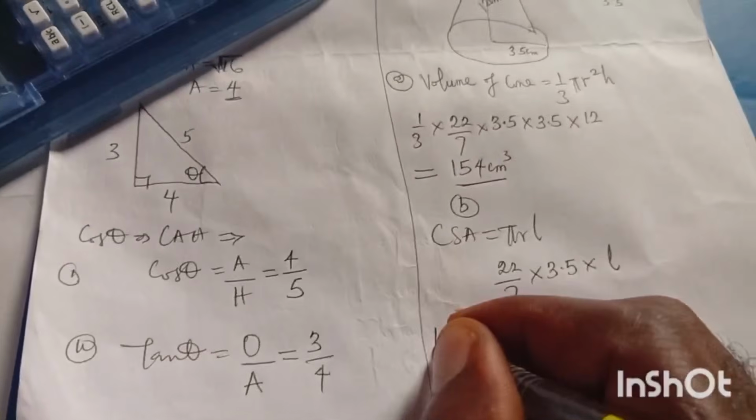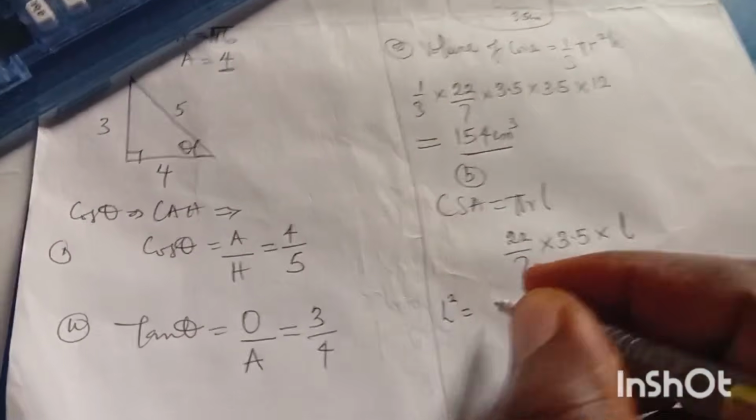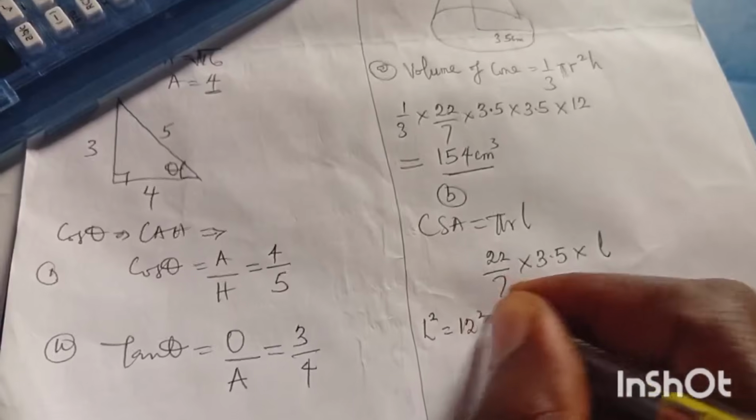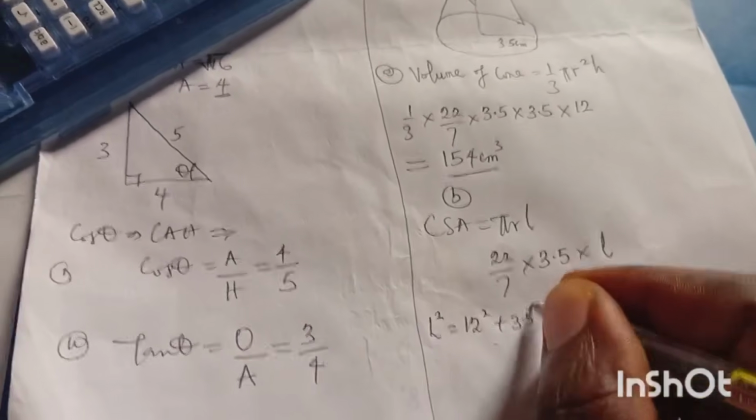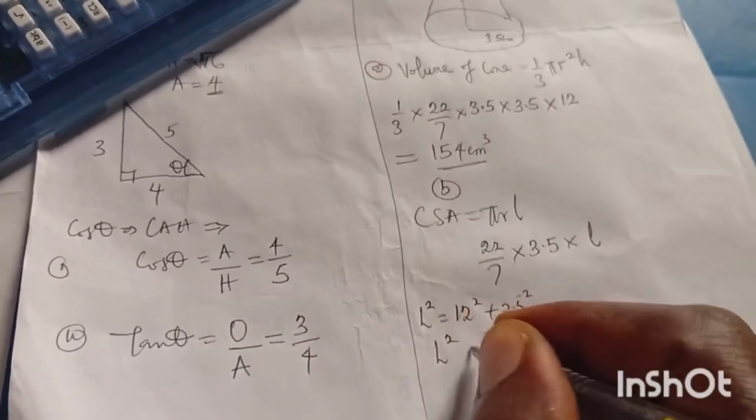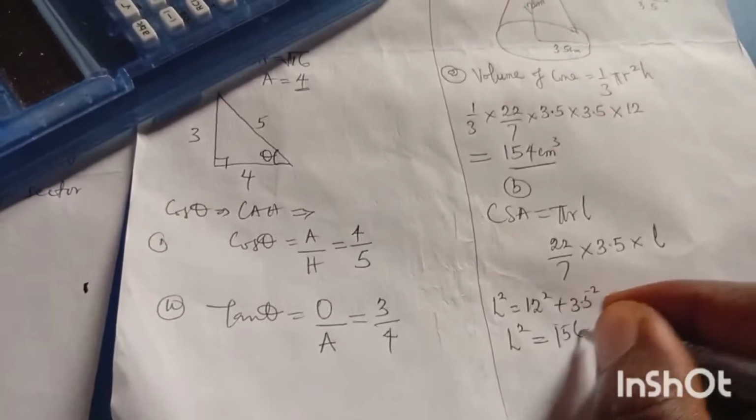So I will say L squared equals 12 squared plus 3.5 squared. I don't want to take much of your time. If you settle all this, my L squared will give me 156.25.